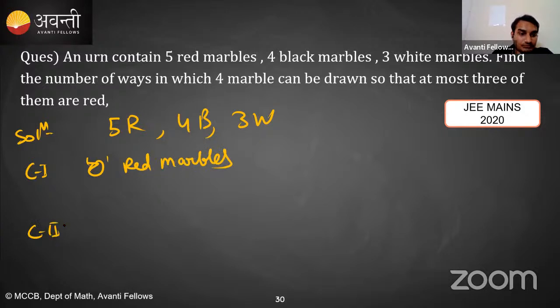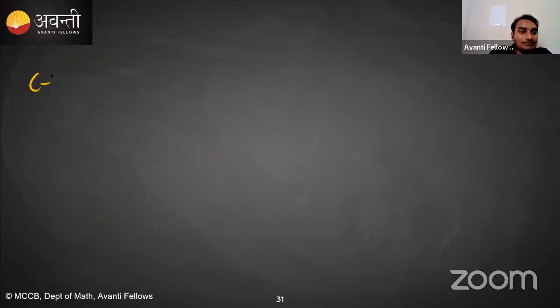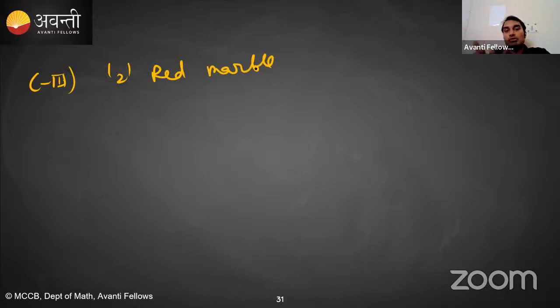Case 2, 1 red marble. What can case 3 be? When there are 2 red marbles. Yes or no? Out of those 4 there can be 2 red marbles because at most 3 is required. So case 4, there can be 3 red marbles.